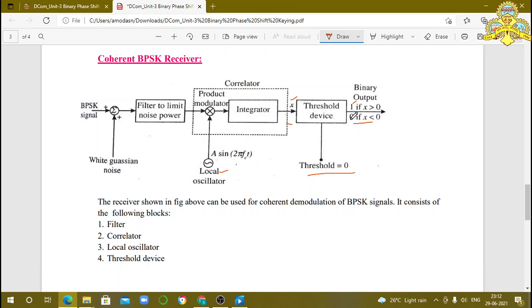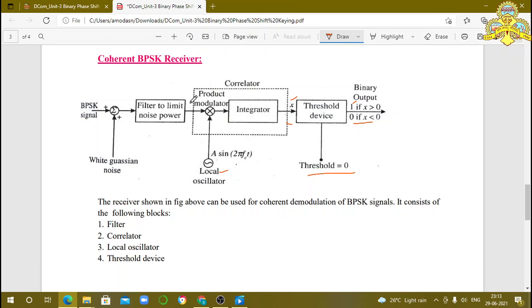Like this, the receiver circuit produces a binary sequence of 1 and 0 depending upon the received data. If the received data is 1, then the product modulator signal becomes positive. It is nothing but the output of the filter circuit and the local oscillator signals are matched together, so output X becomes positive.